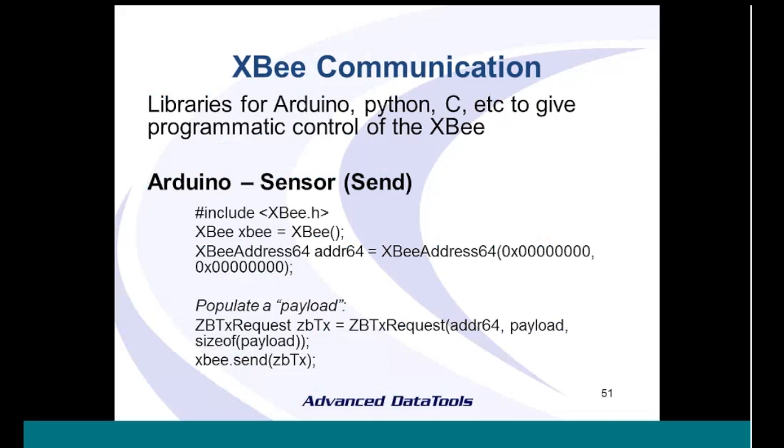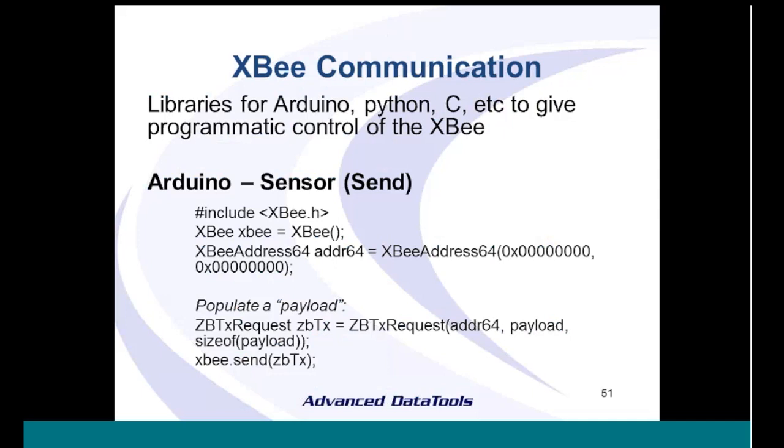There's all sorts of libraries you can download to connect to them from the Arduino, from Python, from C, all of these kind of languages, so you can have better control over them. So on the Arduino, this is what we're doing. We used a XBee library, and we create a payload, and we send the data. So that's how the Arduino is wirelessly sending data over to the controller.